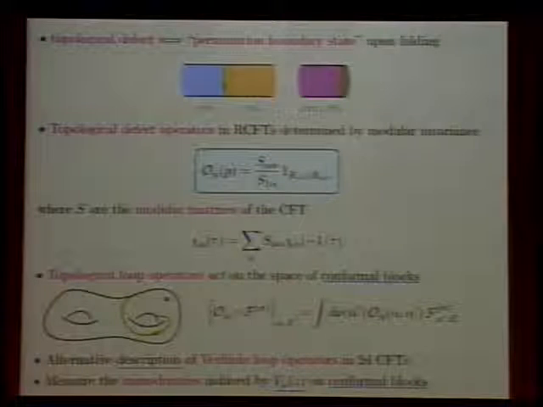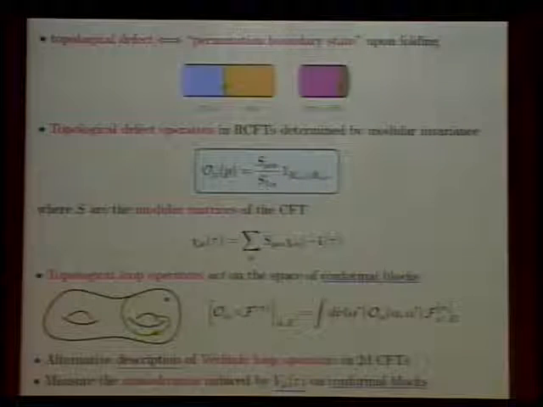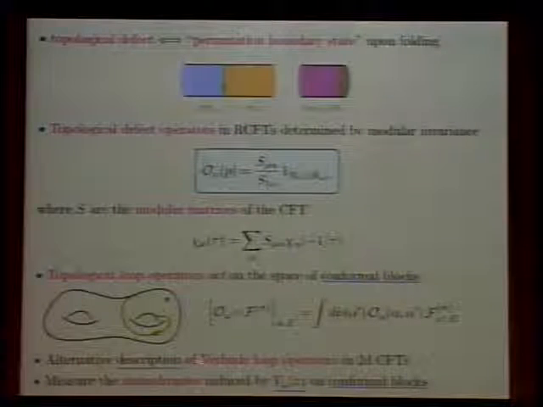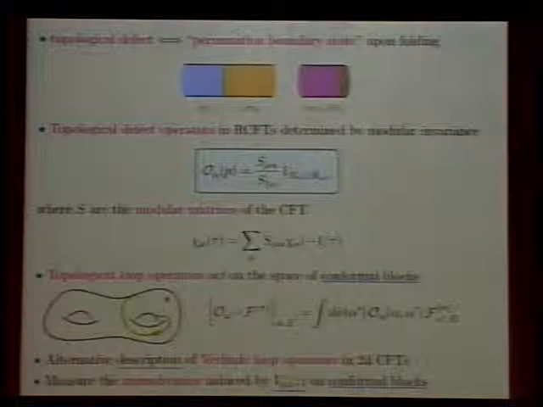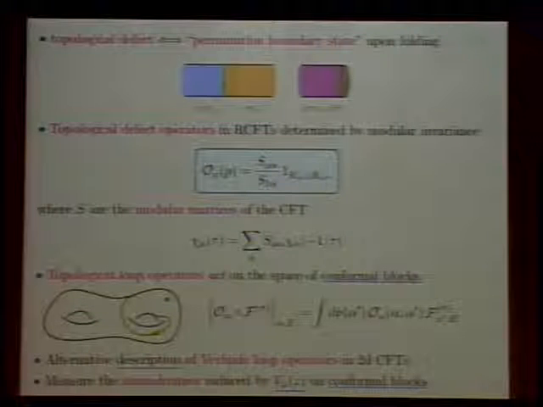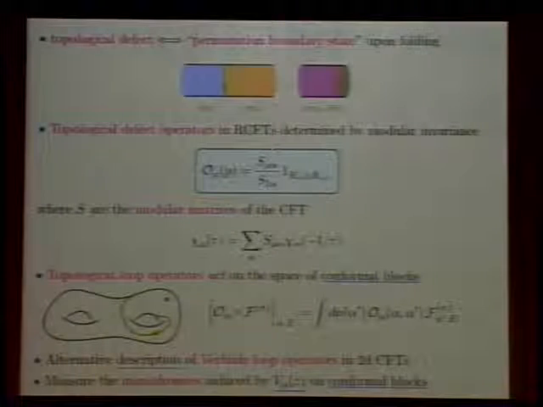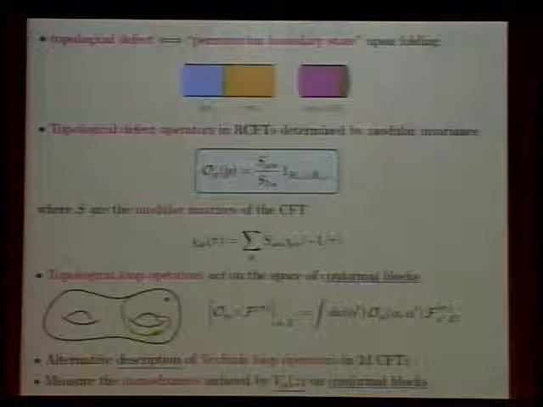Okay? So I think what's nice is that even though it's not apparent from the definition of the topological defect operator that I gave, this definition is completely equivalent to an older definition of loop operators that were used very heavily in the 80s in the context of rational CFTs, which are the Verlinde loop operators. And it gives you a very efficient tool with which to compute some quantities by mapping Verlinde loop operators into these topological defects.